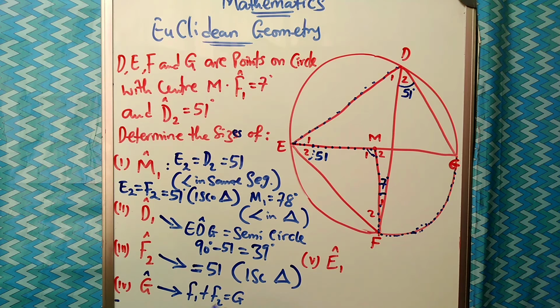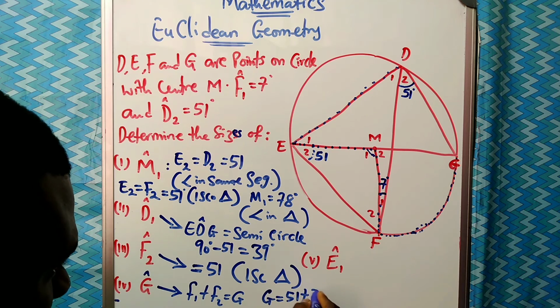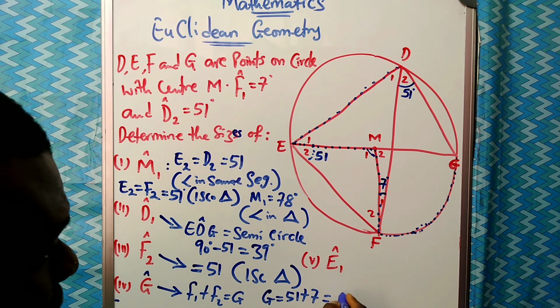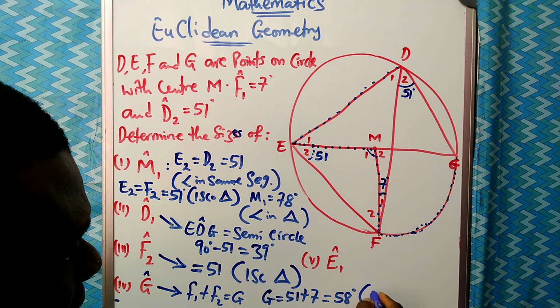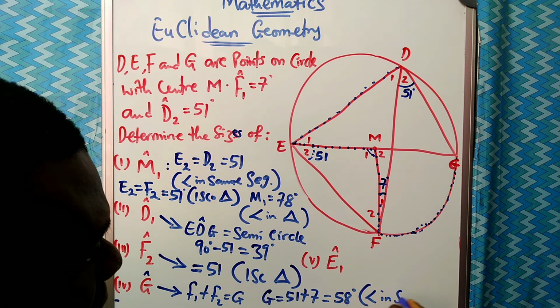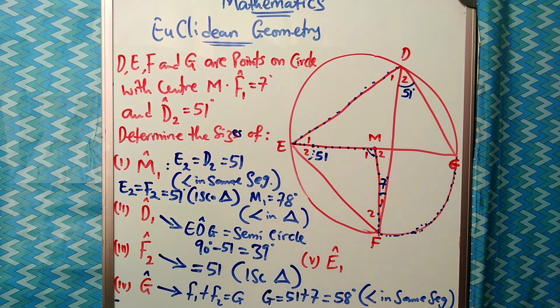I know my F2 to be 51, so my G is going to be 51 plus 7, and 51 plus 7 will be 58 degrees. We put the reason as angle in same segment. All right, I think that is settled.